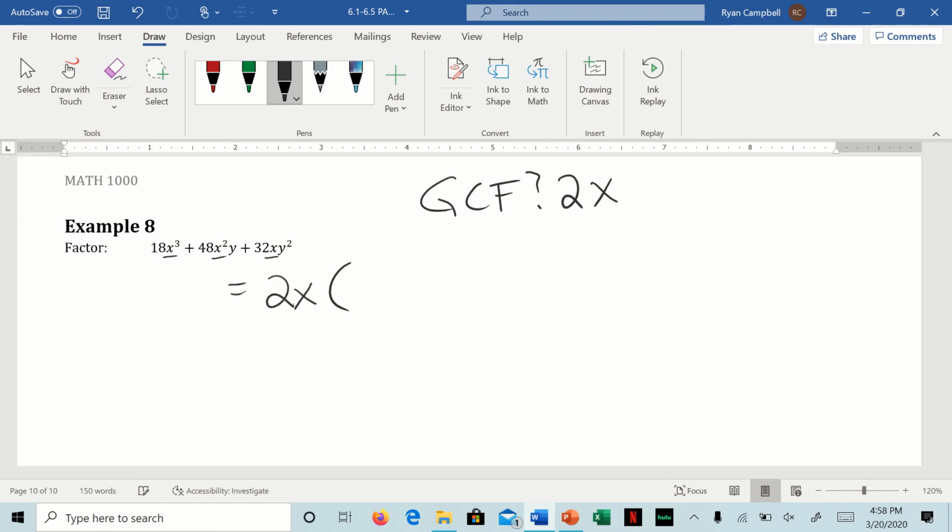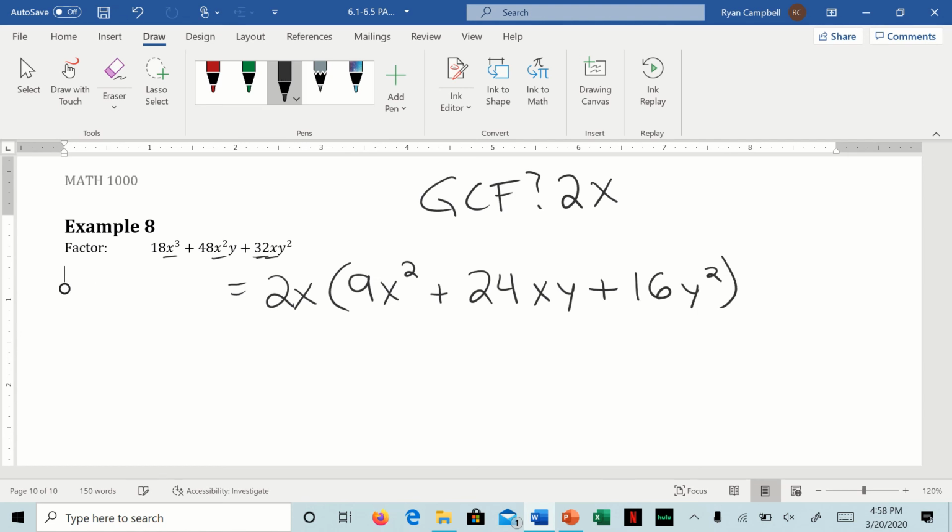So we take out 2x, what are we left with? So we see it's 9x squared plus half of 4 is 2, half of 8 is 4, xy plus, we can see the 32 divided by 2, that's 16, so 16y squared. So once again, the monomial needs to come out front.